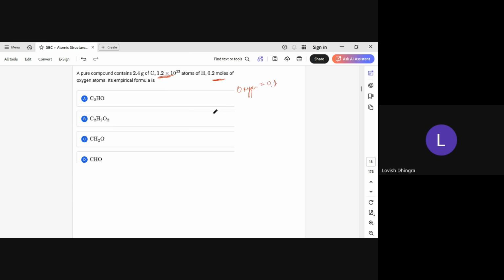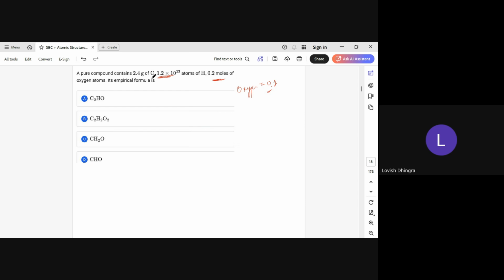Then, how do you find the empirical formula? If we get the simplest ratio of the moles of carbon, hydrogen, and oxygen, we can easily find out the empirical formula, right? So basically, this is given to me, the number of moles of oxygen.